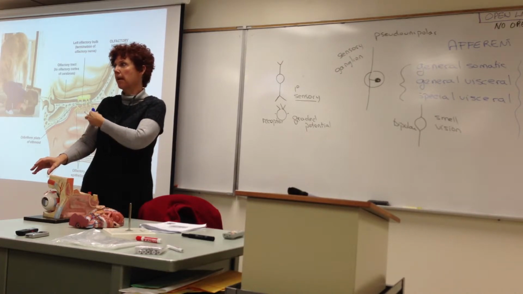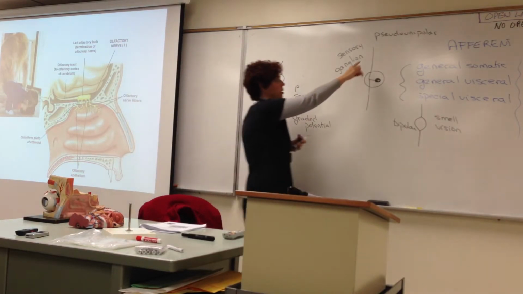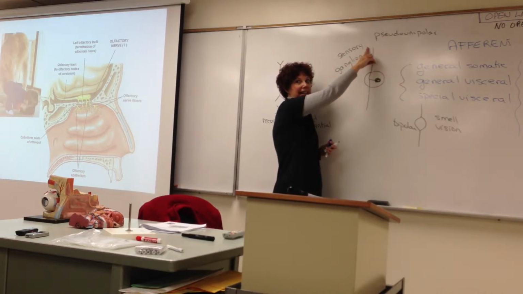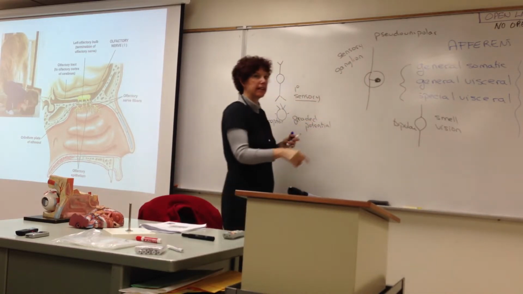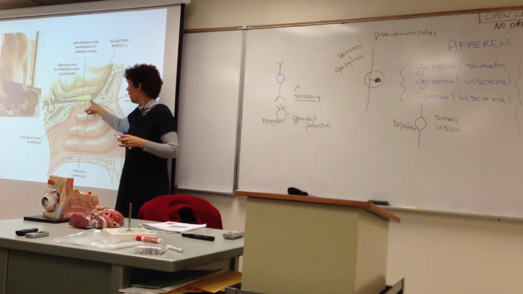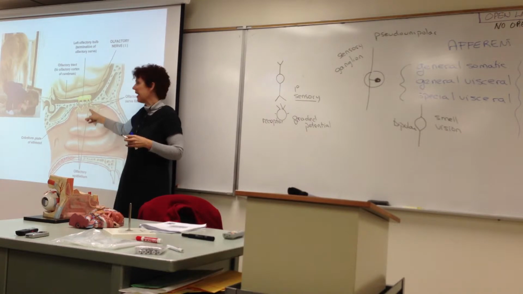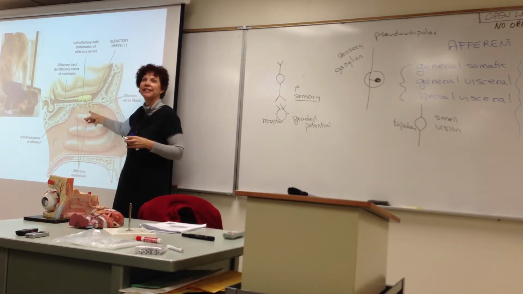It goes up my arm to the dorsal root ganglion, and then into the posterior gray horn. So instead of doing that, the equivalent neuron for smell is going through the cribriform plate. That is really my olfactory neuron.